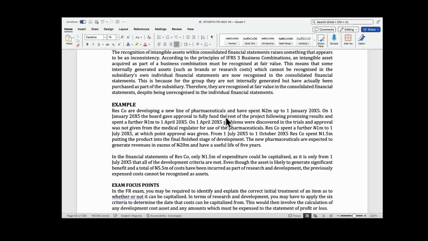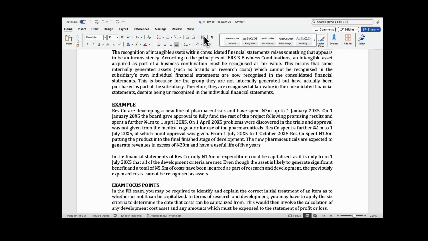That's what these guys say. They want the project to get to a point where we say there is no undoing it. We have board approval, we have regulatory approval, we're sure success is very close, and we are very sure that we'll complete this project. Then any cost you incur going forward should be capitalized.